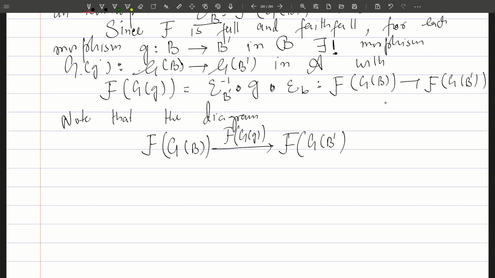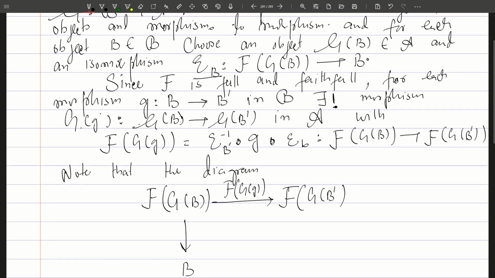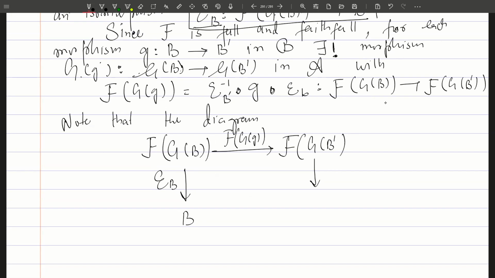Also note that from F of G B to B, we have this morphism. So epsilon B is a morphism from F of G of B to B. Similarly, we have a morphism here, epsilon B prime from F of G of B prime to B prime.